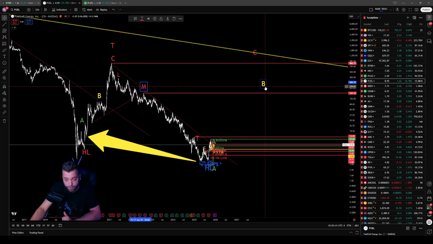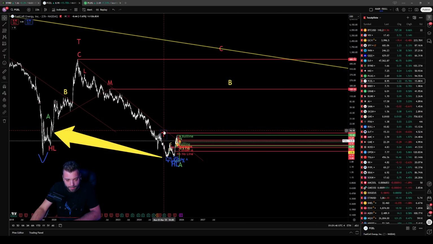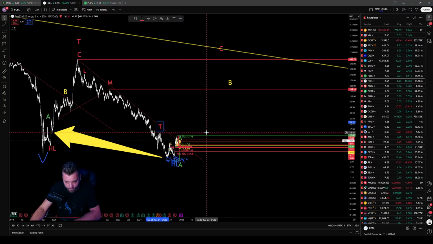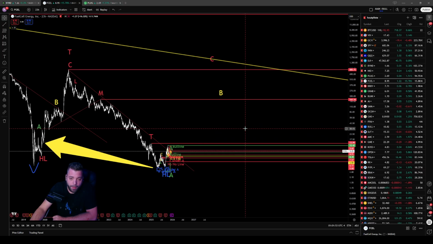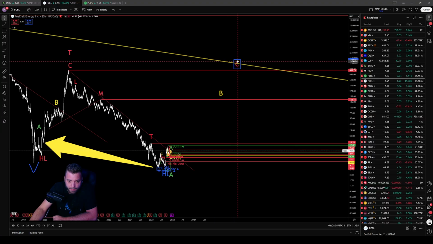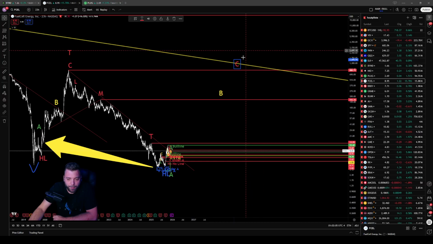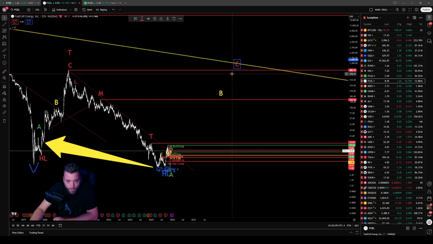That's a realistic price target for your B at 165 and T at, what is that? $13. That would be your A. And C is the question, are we breaking this last peak and go higher? Then we get a split. Same like Netflix is doing it right now, I think. Or are we rejecting here, making a lower peak and starting the death spiral?